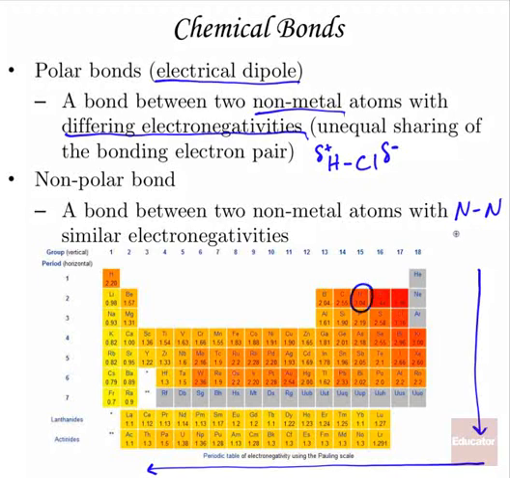If you have a nitrogen with an electronegativity of 3.04 and another nitrogen with an electronegativity of 3.04, they're exactly the same, so electrons are evenly shared. Whereas this chloride, right, this is a 3.16 electronegativity. Hydrogen over here is a 2.20, okay? So electrons will move toward the chloride. Okay, good.